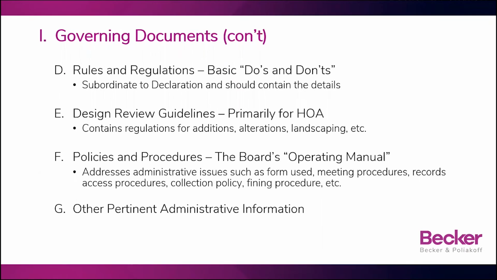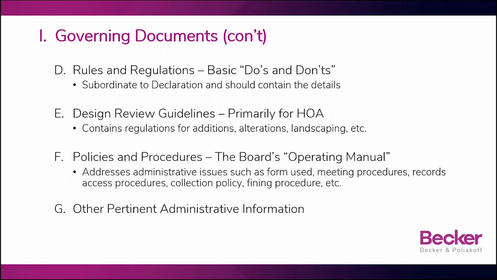Before we move off the rules and regulations, one of the things that I always feel is important to point out to clients is rules involving children. I almost never review a set of rules that doesn't have some rule on children.